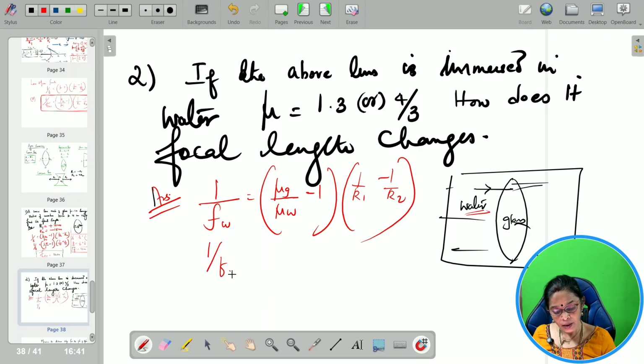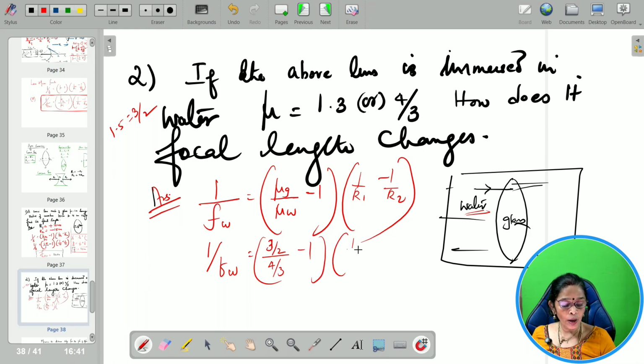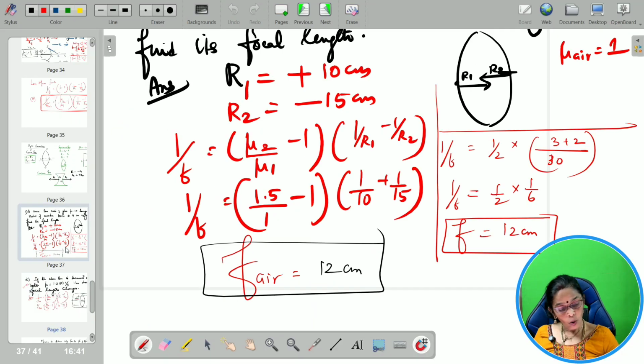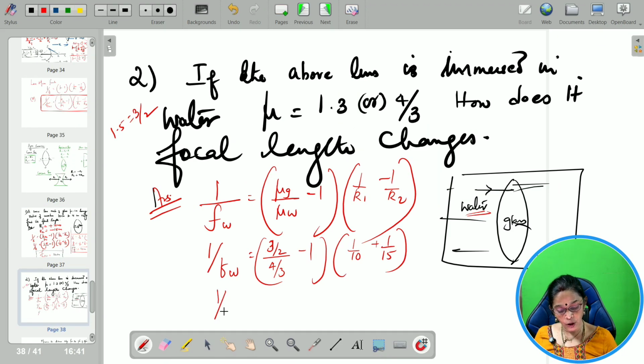What happens? So that is equal to, I am taking 1.5 as 3 by 2, just for convenience, 3 by 2 divided by 4 by 3 minus 1 into 1 by 10 plus 1 by 15. Of course, 1 by 10 plus 1 by 15 is 1 by 6. So same thing I am going to apply.